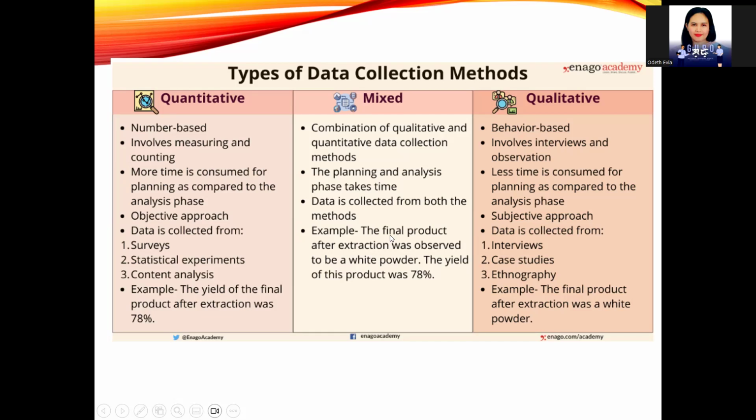For example, the final product after extraction was observed to be a white powder, and the yield of this product was 78%. So, as you can see, there is a description, a white powder, and there is also a numerical value. Okay, that's how you differentiate the three data collection methods.